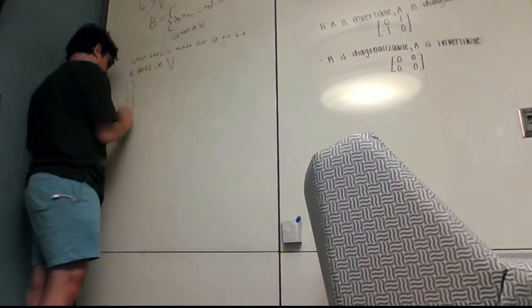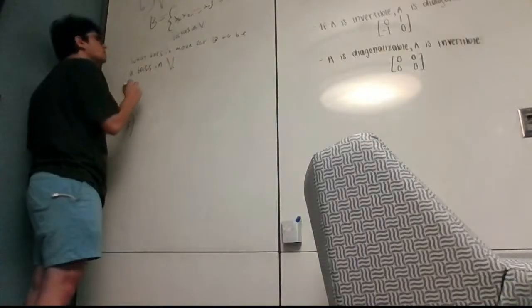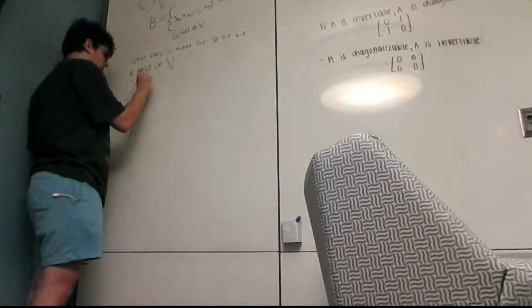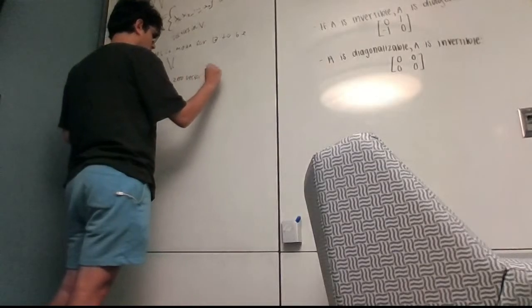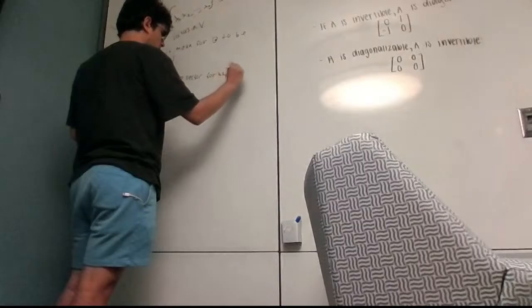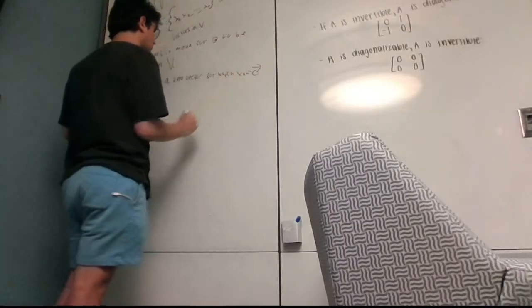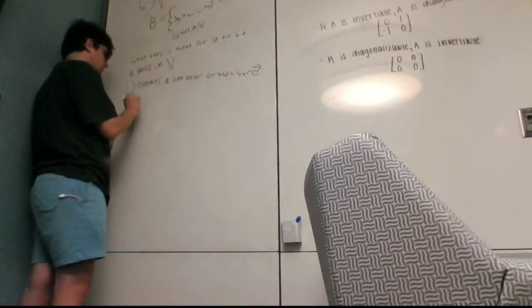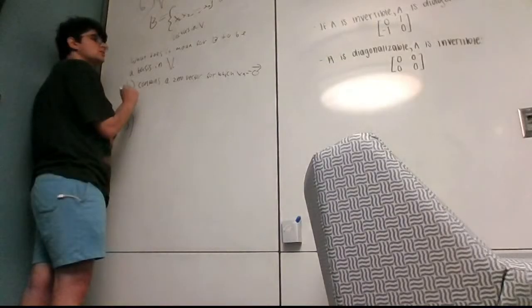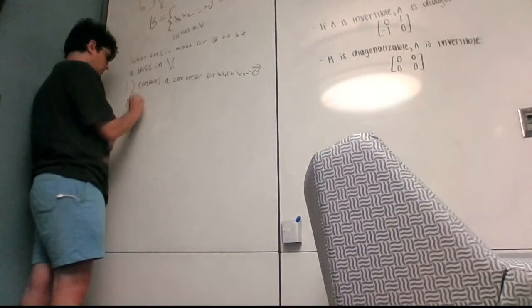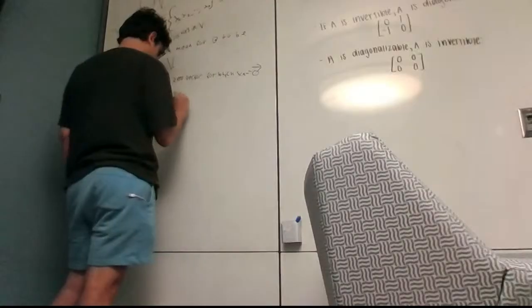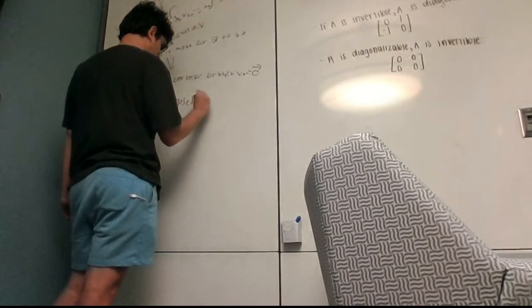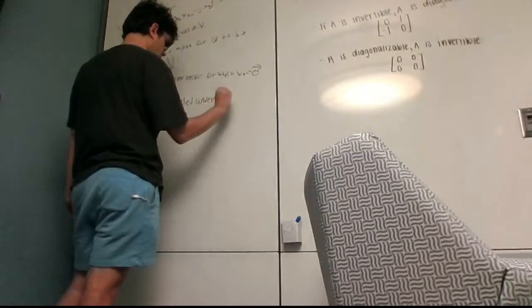3 conditions. Contains a 0 vector for which x of n is 0 vector. Closed under addition.